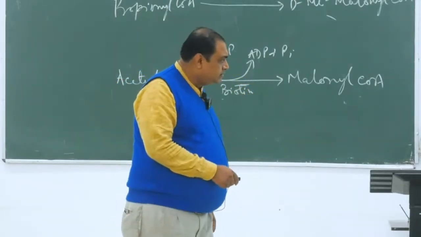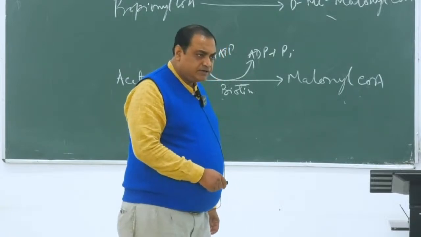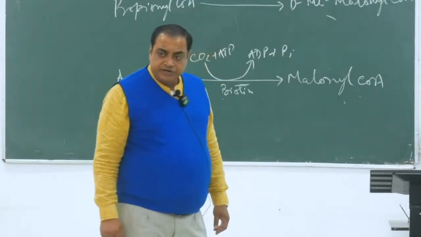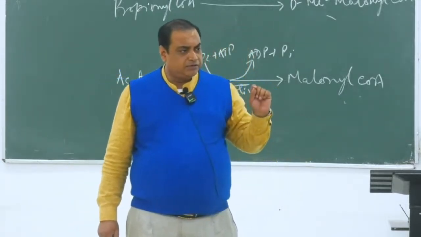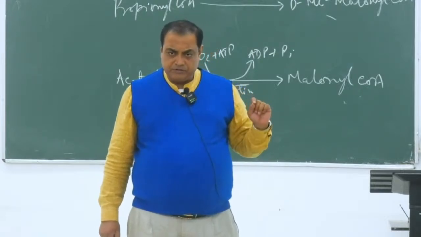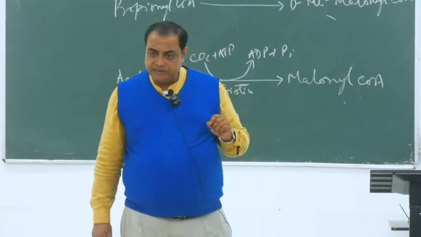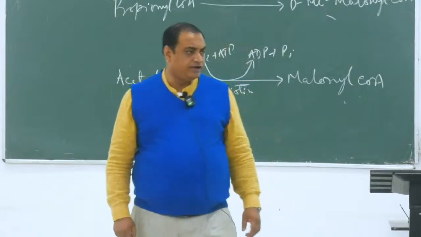Then patients who are taking anti-asthmatic drugs like theophylline, mostly small children who suffer from asthma, the doctor has prescribed theophylline, so they might show B6 deficiency. So find out history from the patient for any of these.